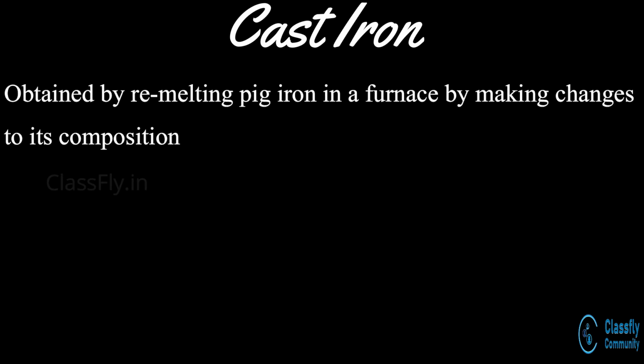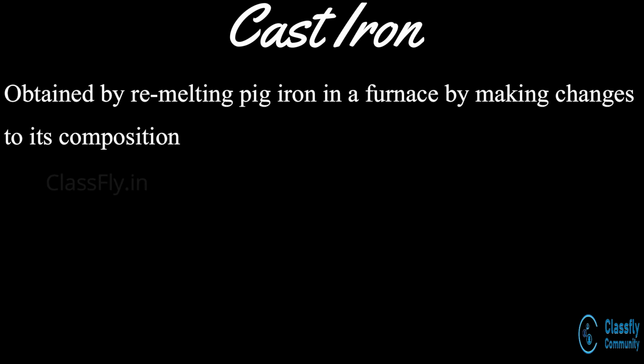Next, cast iron. Well, cast iron is prepared by the remelting of pig iron in a furnace by making some changes in its composition while it is in the molten or liquid state. Here, carbon and silicon are the main alloying elements.